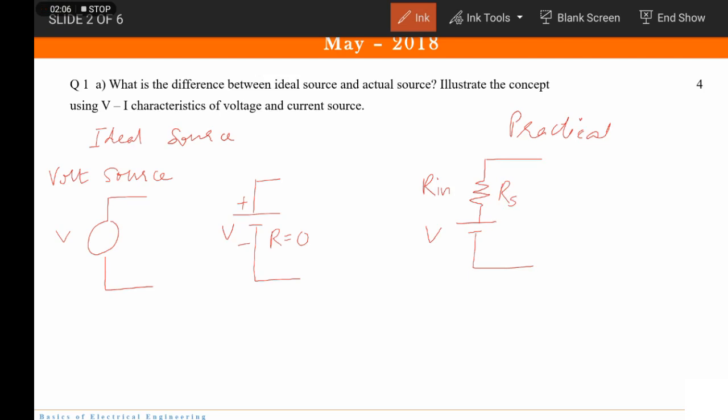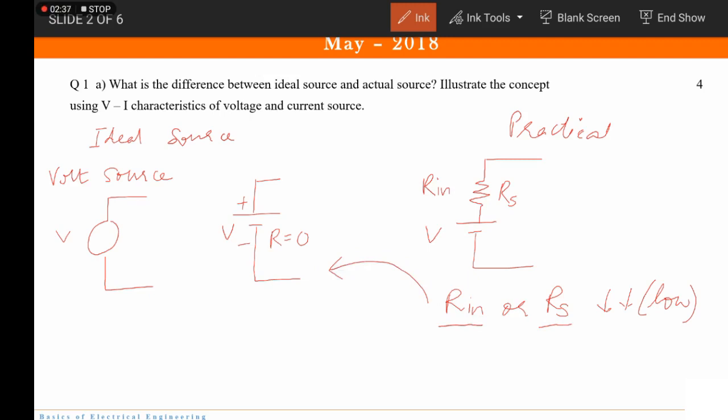We have to remember that the internal resistance of a voltage source is very low. If it has a very low internal resistance, then it almost approaches the ideal source.